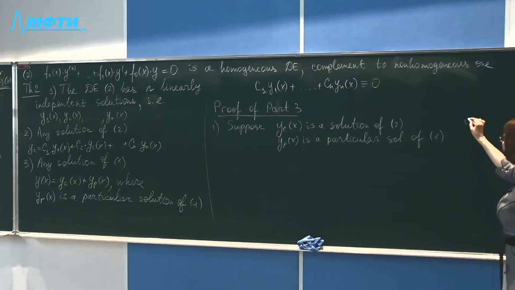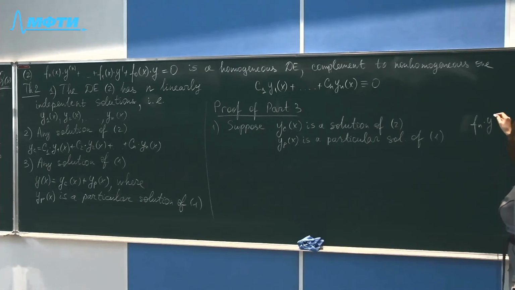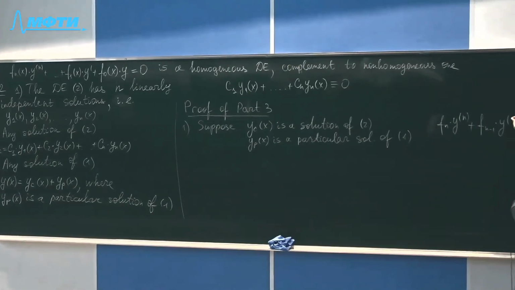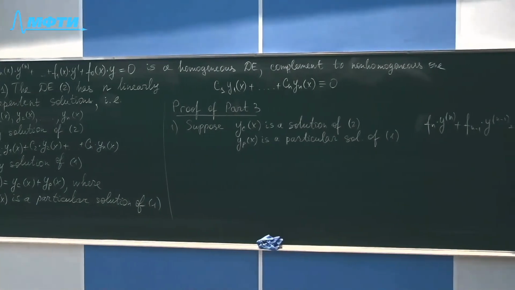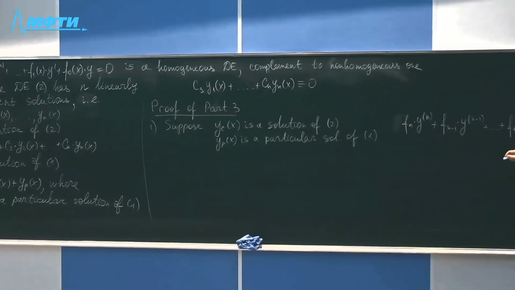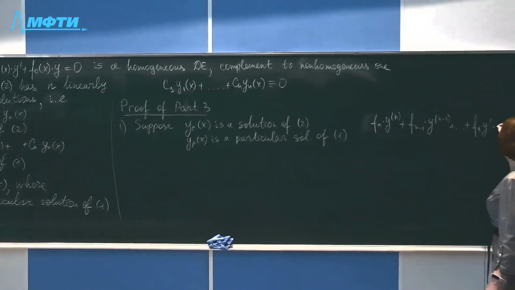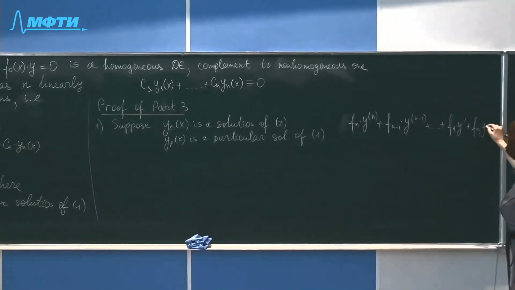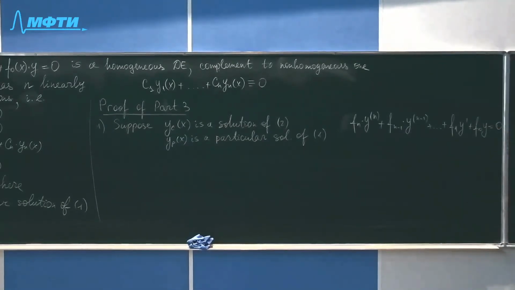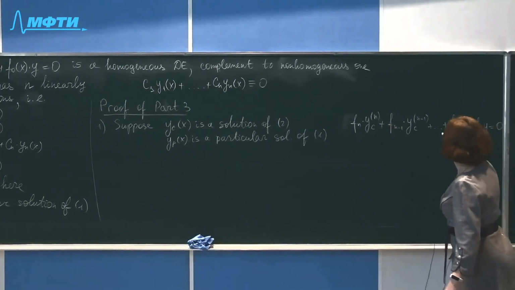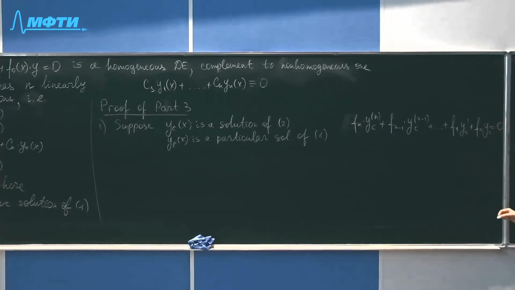So this means that fn times the nth derivative of y plus fn minus 1 times y to the n minus 1 plus, and so on, plus f1 y prime plus f0 y equals 0. It must be subscript c. So yc satisfies the homogeneous equation.